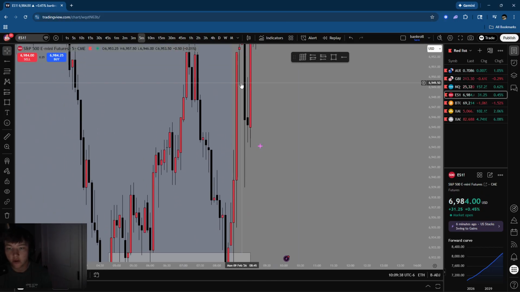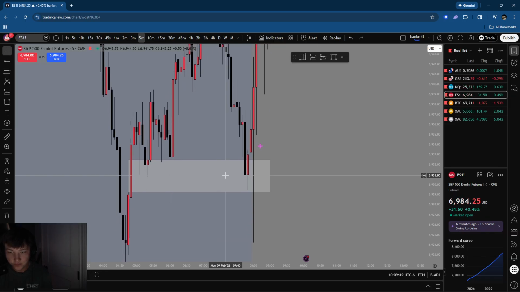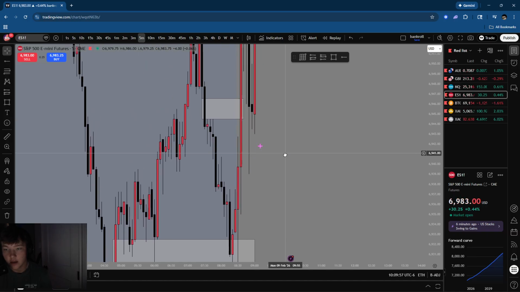It probably would have been after, since we're on the 1 minute, I probably would have done this top one. So we have a bearish fair value gap right here with triple equal highs. Anyway, we come down and we come into this gap 3 times, and on the 3rd time, boom, what happens? We respect this bullish fair value gap.